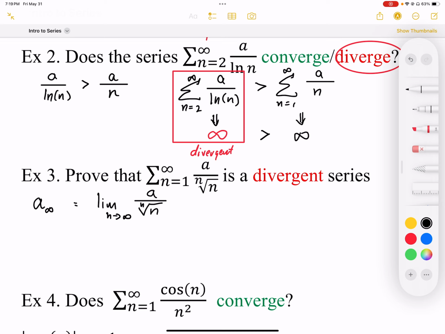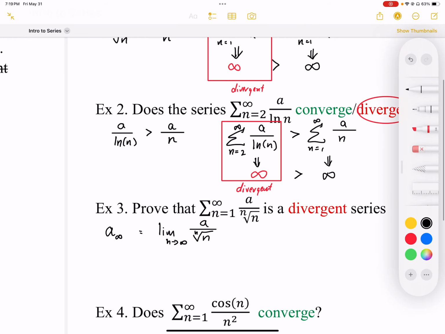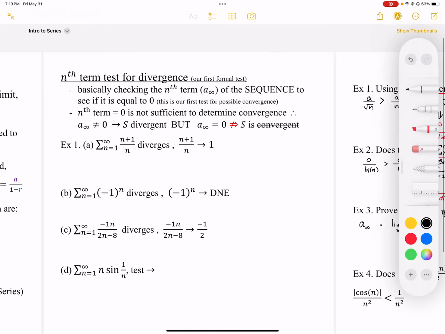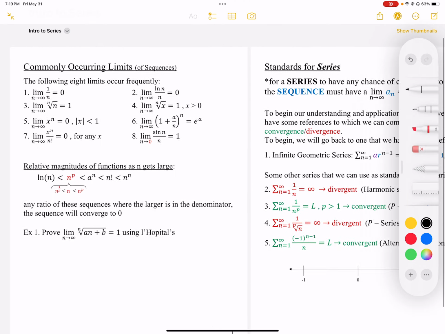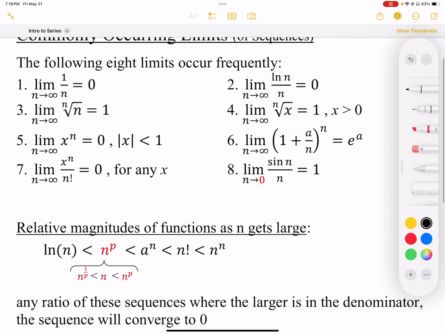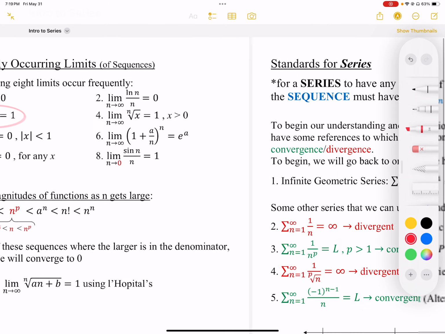Now, if you recall, the nth root of n as n goes to infinity is one of the known limits that we should know from previous. The limit of that as n goes to infinity is equal to 1.